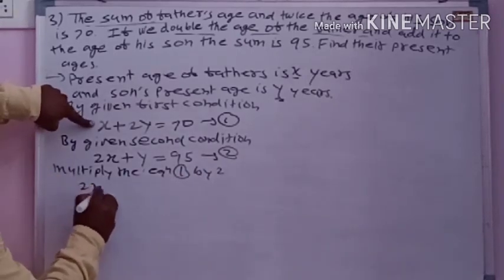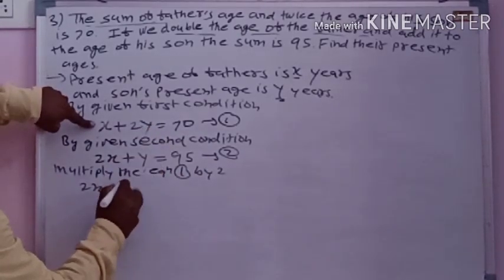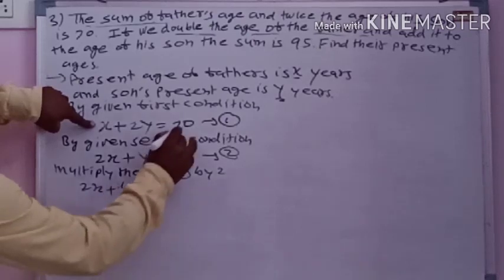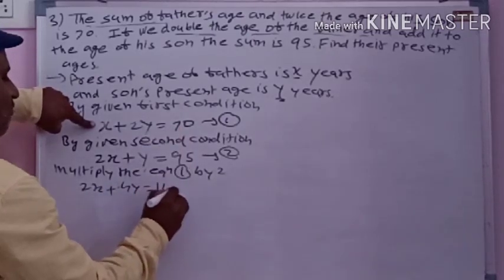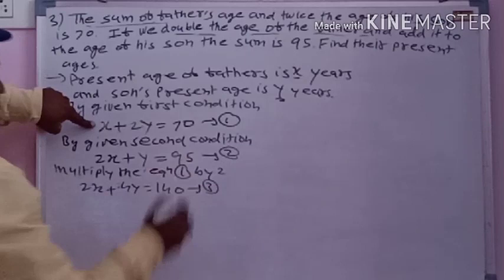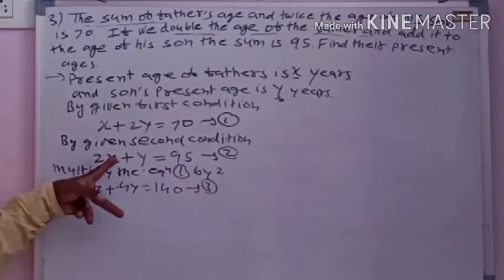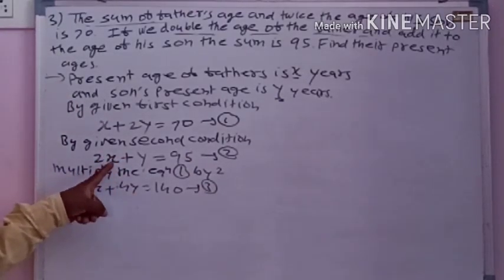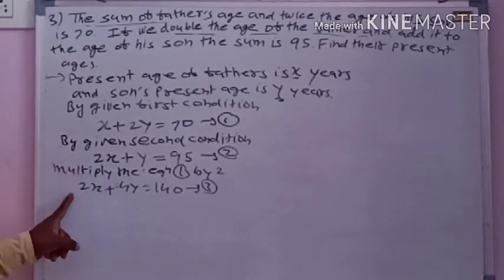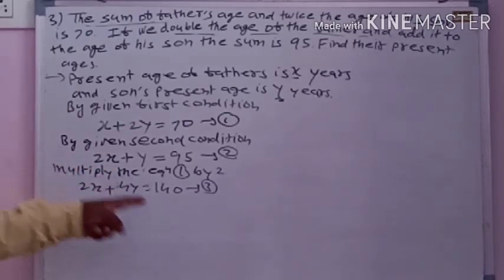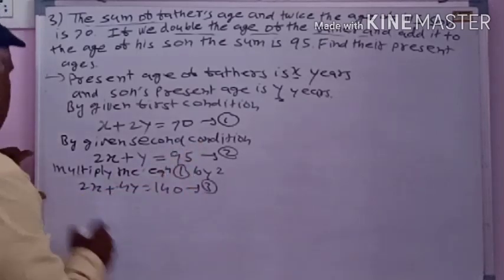X into 2 is 2x, plus 2y into 2 is 4y, is equal to 70 into 2, 140. This is equation number 3. Then in equations 2 and 3, the coefficient of x is common, 2 and 2, and the sign is also the same. Therefore, subtract equation 3 from 2.